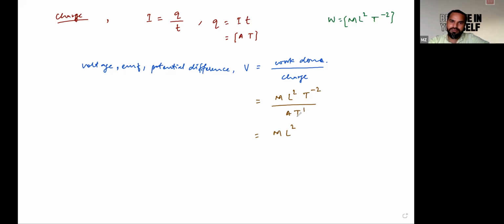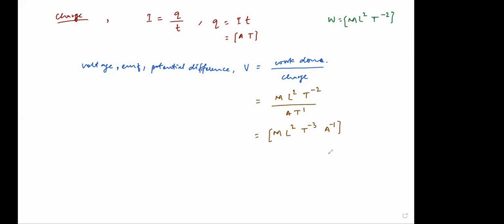So on division, power gets subtracted: minus 2 minus 1, so it would be T raised to the power minus 3. And last, we have A in the denominator, so on bringing it from the numerator, it will become minus 1. Is it clear? Yes, sir.